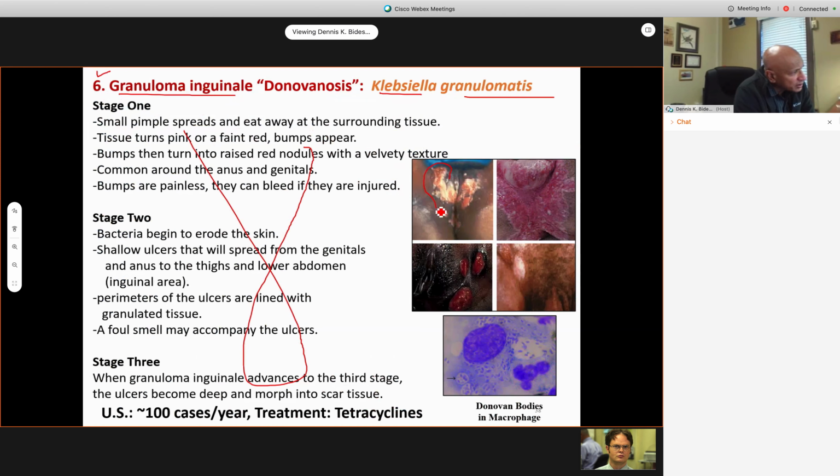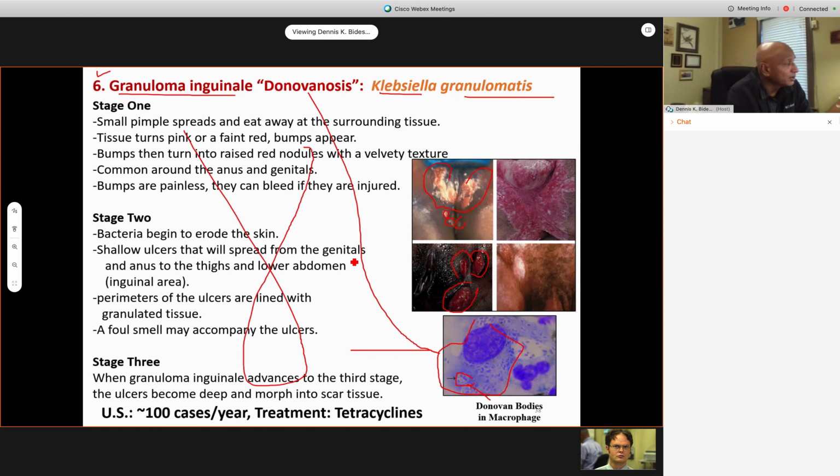Take a look at the ulcers that you see. These are the ulcers or the lesions that you see can be anywhere in the genital area, the perineal area. This here, the glands are swollen, all right, pretty highly infectious. This is the female external genitalia, all right, and this is the organism present in a macrophage. That is called a Donovan body, all right, so the bacteria present in white blood cells, you see these little inclusions here, that is called a Donovan body.